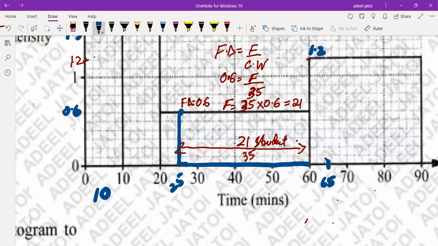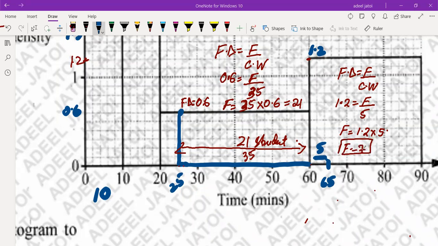The class width is 5, because now this is in a different grid. To find the frequency for this, we use 1.2 equals frequency upon 5. So frequency will be 1.2 into 5.